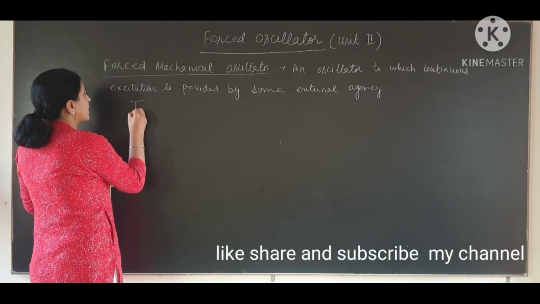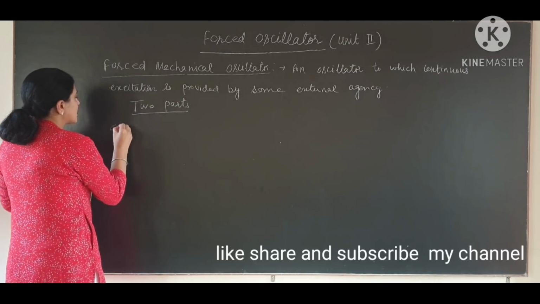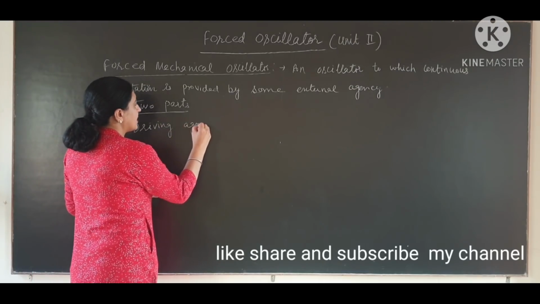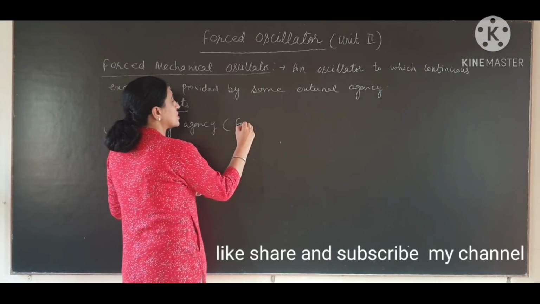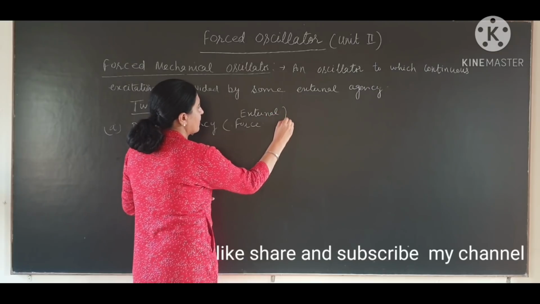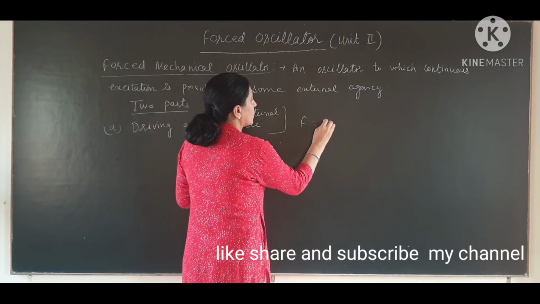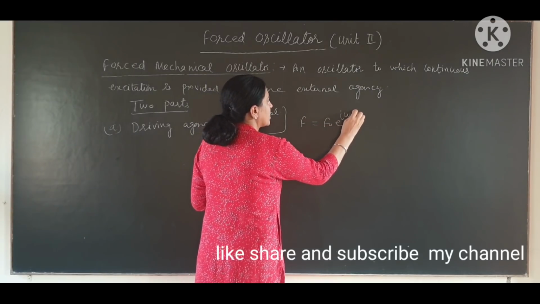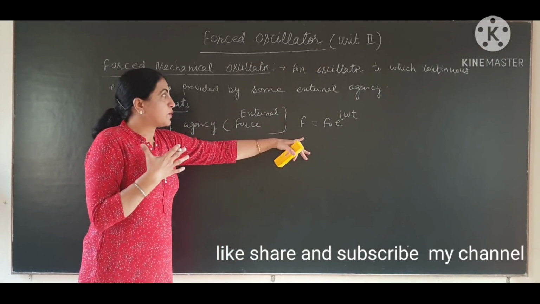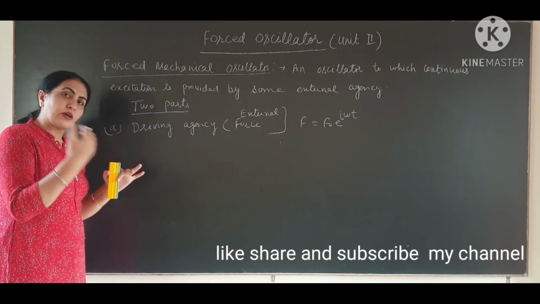One is the driving force or driving agency, that is, the external force, F = F0 e^(iωt), where ω is a frequency. This is the external force which we give to the oscillator for continuous excitation, for continuous oscillations.